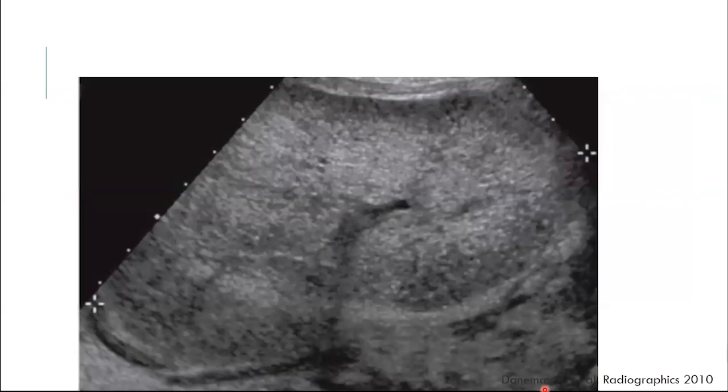Any thoughts on this image? This is a pretty common image you would see in a child with this disease. It's really hazy, kind of starry-like. This is autosomal recessive polycystic kidney disease.